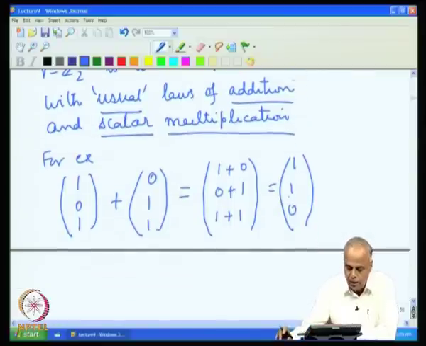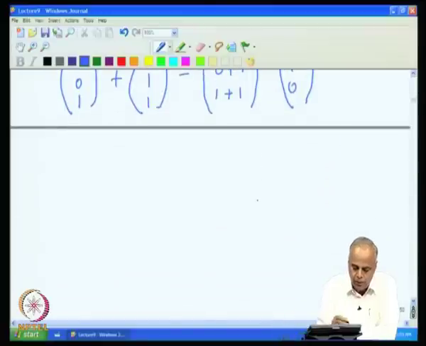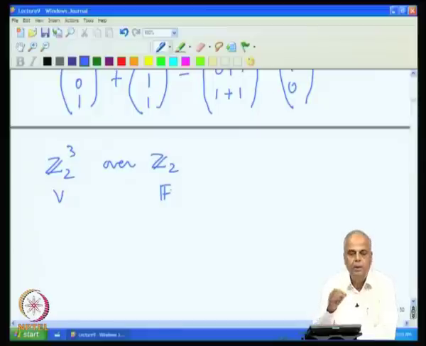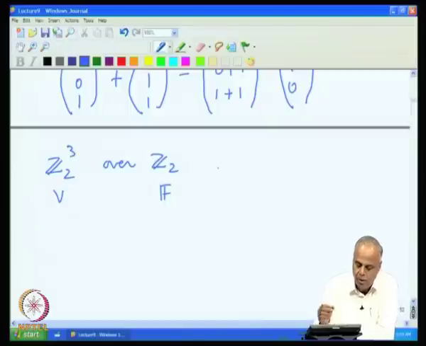So, this vector space Z 2 cubed over Z 2 is our V, this is the field, and the laws of addition and scalar multiplication are there. So, this is the vector space.